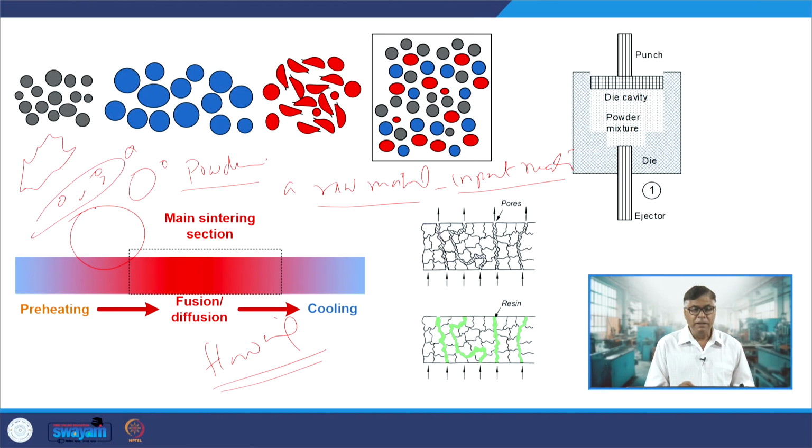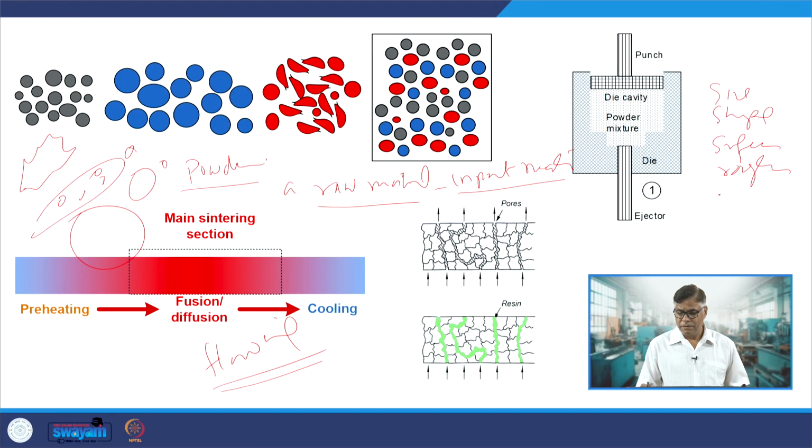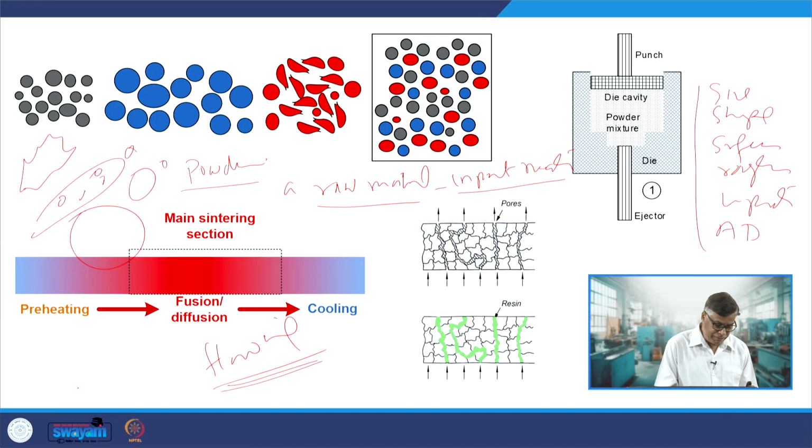Accordingly, we get unique characteristics associated with the powders made by a particular manufacturing approach with regard to size, shape, surface roughness, impurities at the surface, apparent density. So, these are the various characteristics which affect the flowability and the soundness of the products that will be made using powder metallurgy.